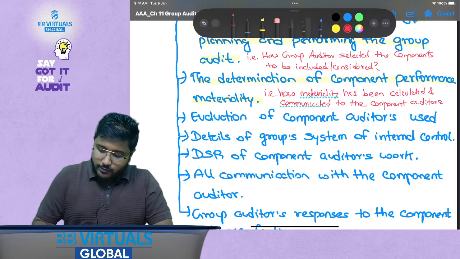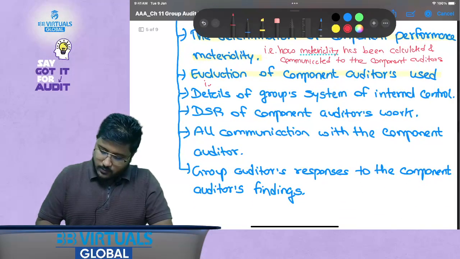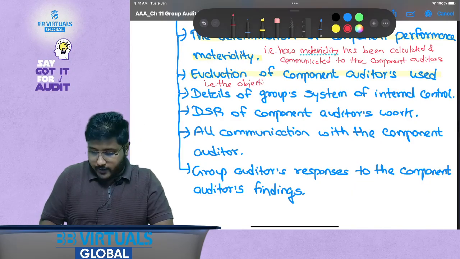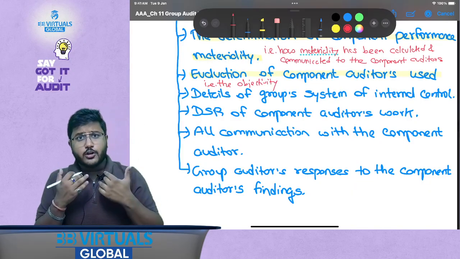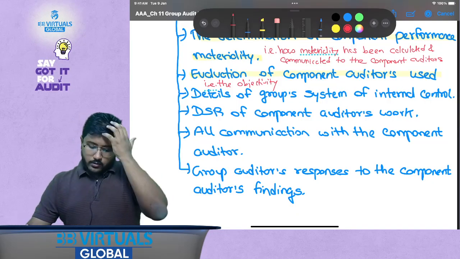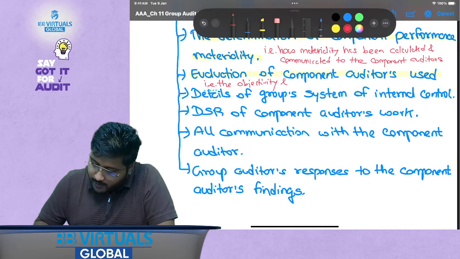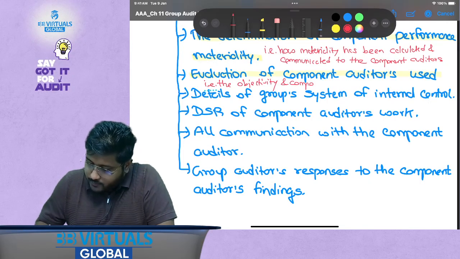Then evaluation of component auditors used, that is, the objectivity and competence of the component auditor, because it is the job of the group auditor to evaluate whether the component auditors are objective or not, right?